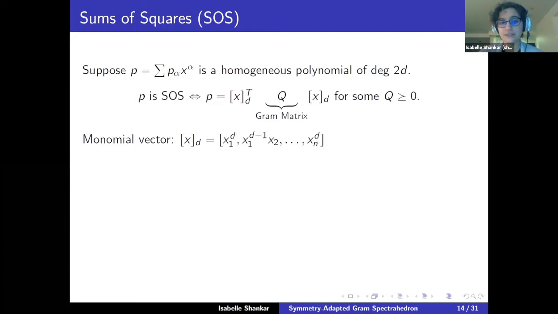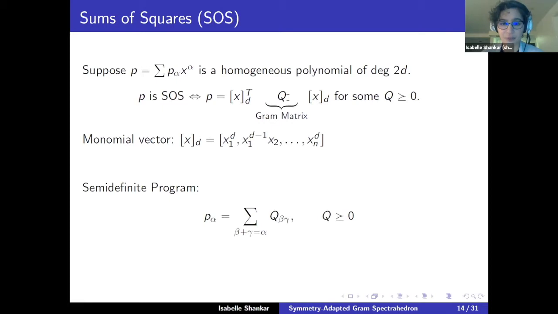So what does this fact tell us? Well, we're searching over the cone of positive semidefinite matrices such that the coefficients of p equal certain sums of the unknown entries of Q. So that's exactly a semidefinite program, the feasible region of which is called the Gram spectrahedron.